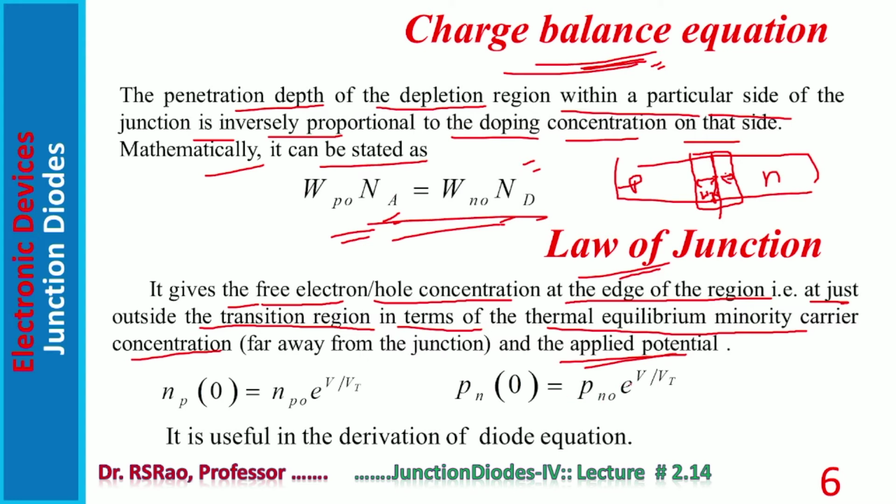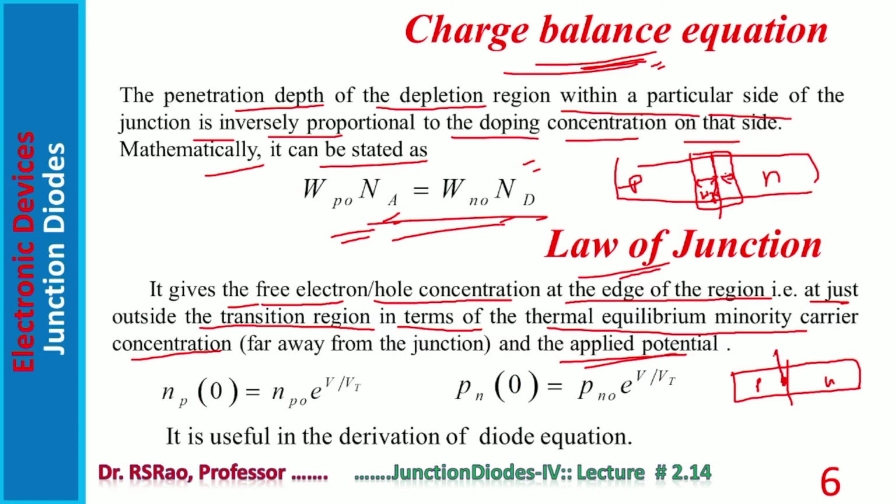What this law says is, this law gives the free electron concentration or hole concentration. For example, this is the P region, this is the N region. Electron concentration on the P region, just at the edge of the transition region here.